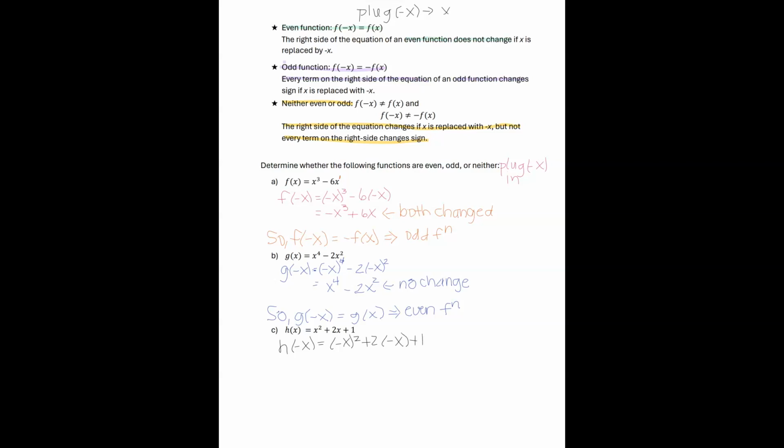You can see 1's not going to change, right? We didn't multiply by anything. This one is still x squared because the 2 even power ate that. So x squared. Now this is minus 2x plus 1.